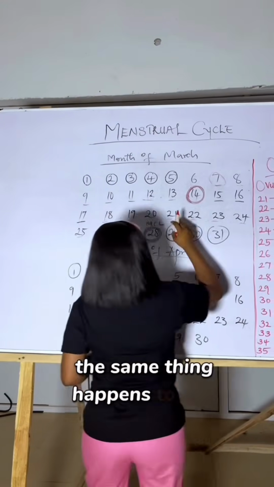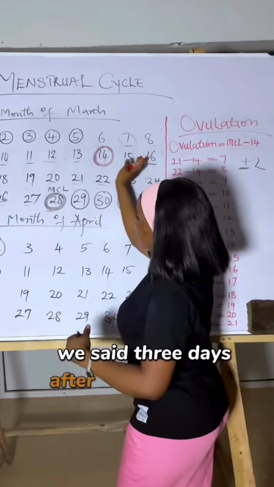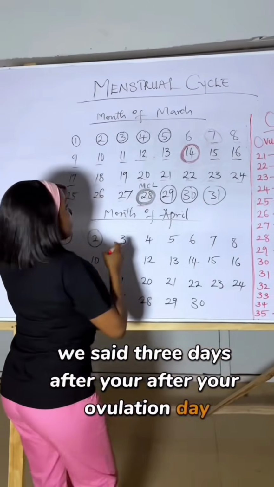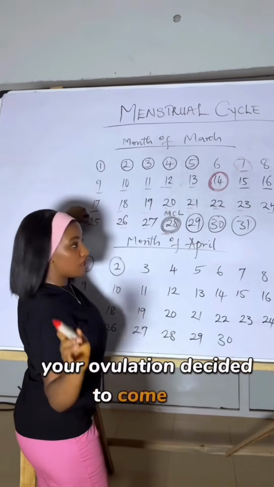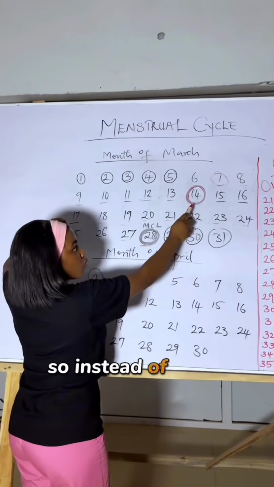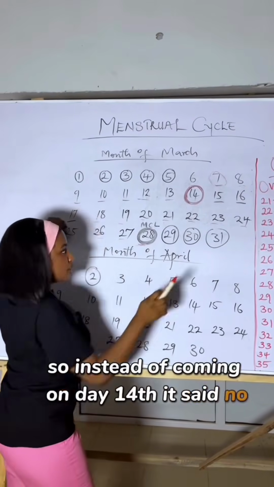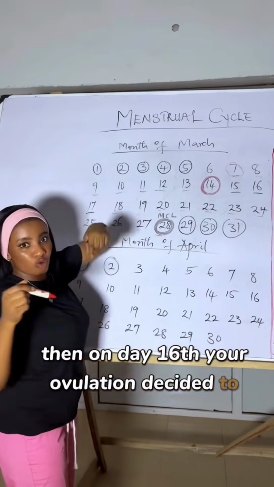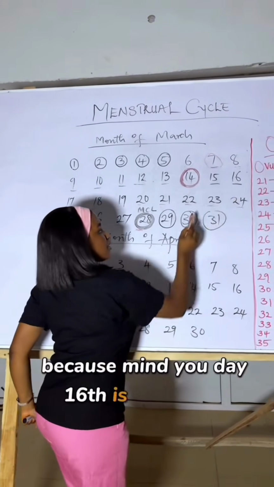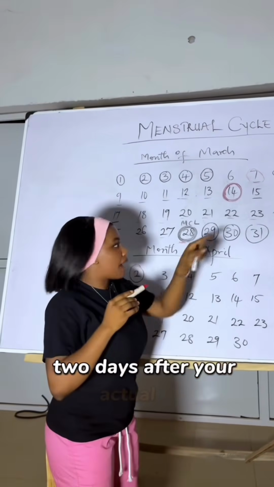The same thing happens here. We said 3 days after your ovulation day, because if, for instance, your ovulation decided to come late, so instead of coming on day 14th, it said no. Instead of coming on 15th, it said no. Then on day 16th, your ovulation decided to come. Because mind you, day 16th is still within 2 days after your actual day.